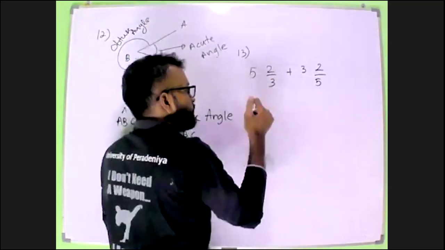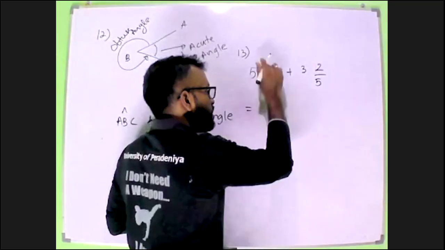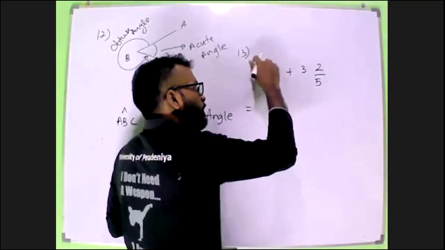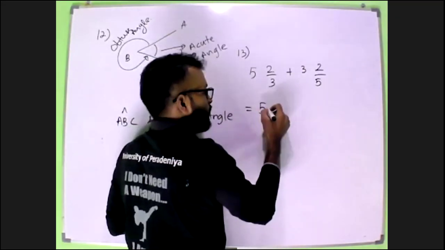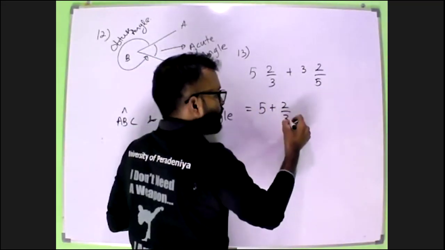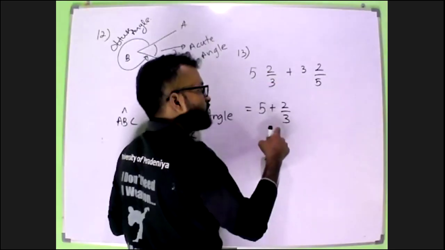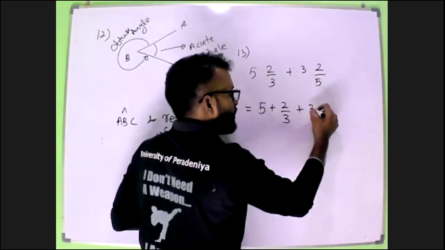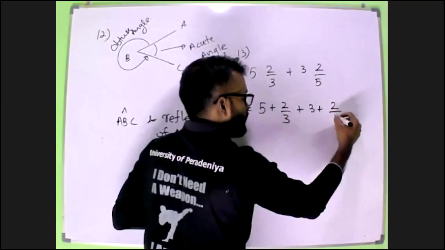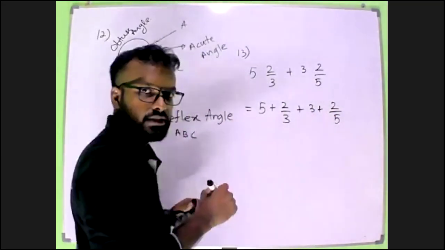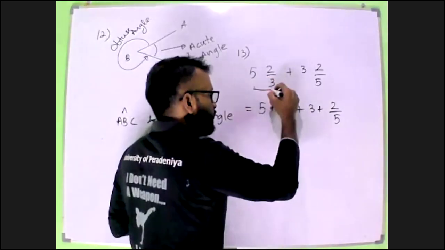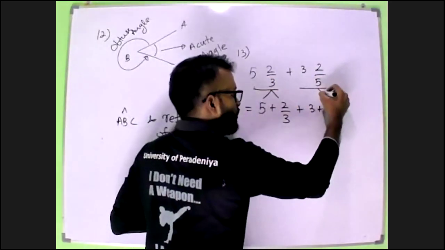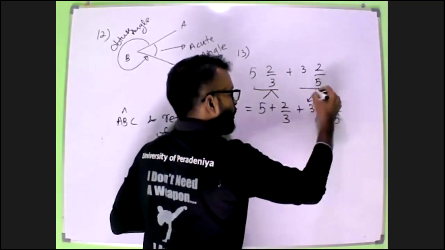If you consider the first mixed number, there is a whole number 5 plus 2 upon 3. You can write the second mixed number as 3 plus 2 upon 5.